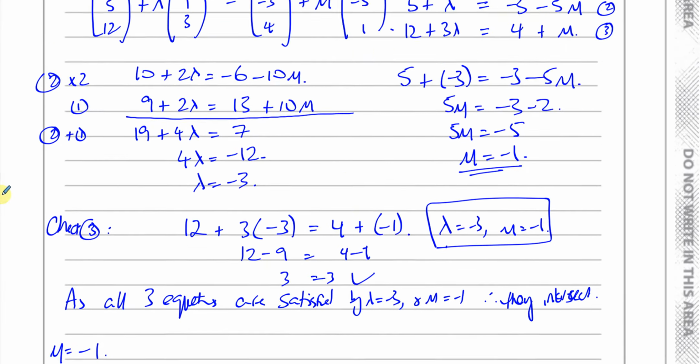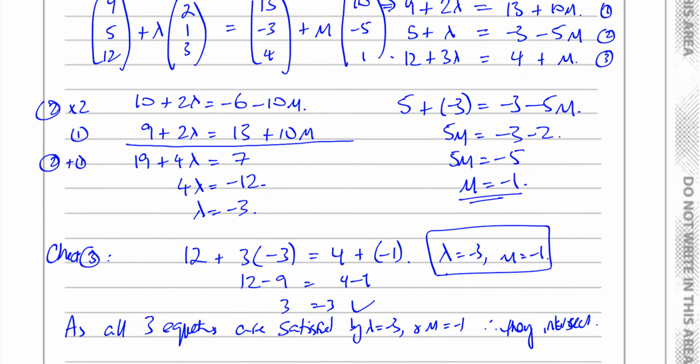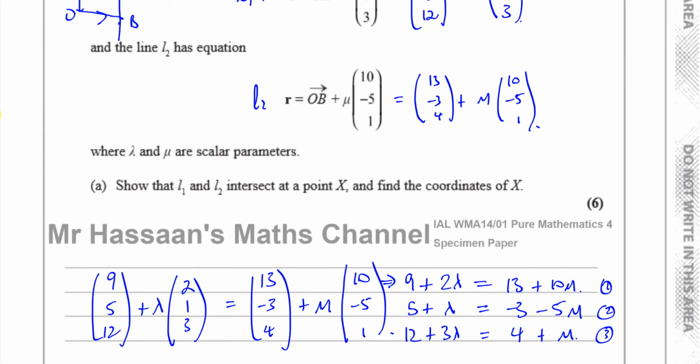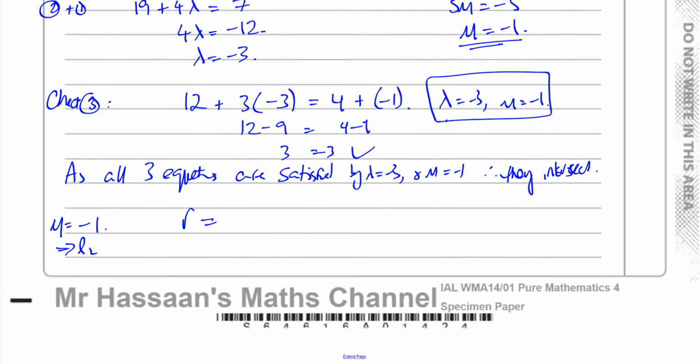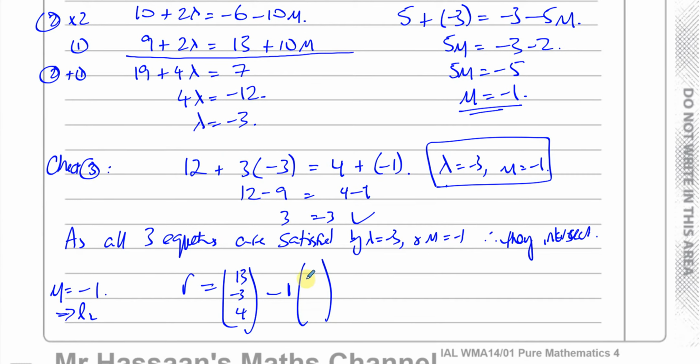So if you put mu equals minus 1 into the equation of line 2, we're going to have r, the position vector of x, given by 13 minus 3, 4 plus minus 1 times 10 minus 5 and 1.